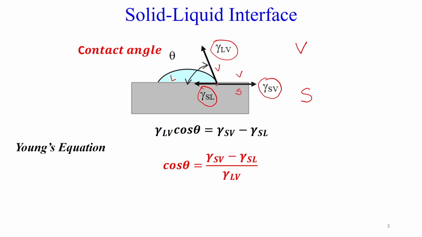At a contact point we see three forces acting, so we can simply go for the force balance. If you draw a tangent, this angle theta is known as the contact angle. With a simple force balance, gamma solid vapor is equal to gamma solid liquid plus gamma liquid vapor cos theta.